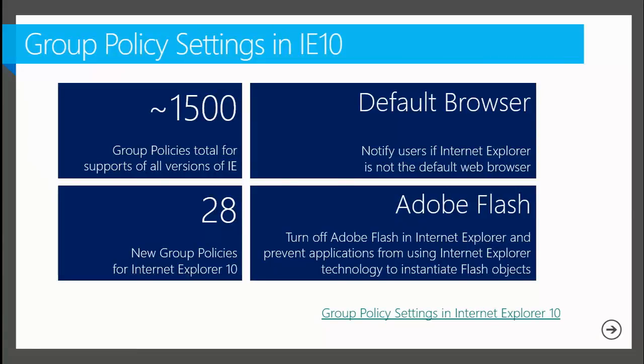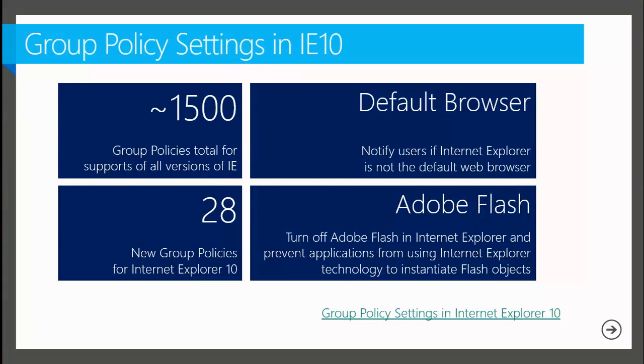And that's fine, but we also want to make sure that we give you the ability to control that. I have had commercial customers say, we don't want to open up our environment, we just want to lock it down for IE. And that's fine. We can give you the ability to notify users, and certainly through other group policies, you can lock out other packages. But we want to be as flexible as possible.